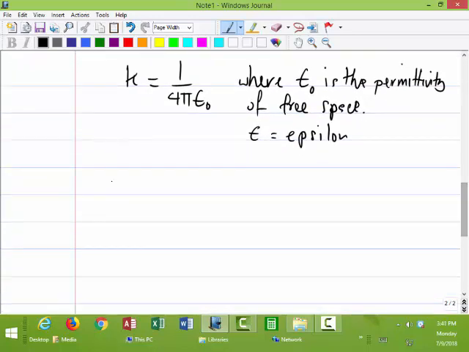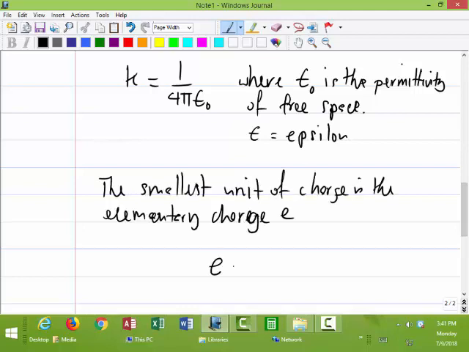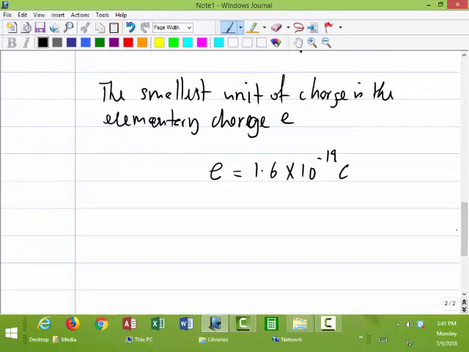The smallest unit of charge is the elementary charge. This elementary charge e is equal to 1.6 times 10 to the power negative 19 coulombs. Every charge is an integer multiple of this elementary charge.